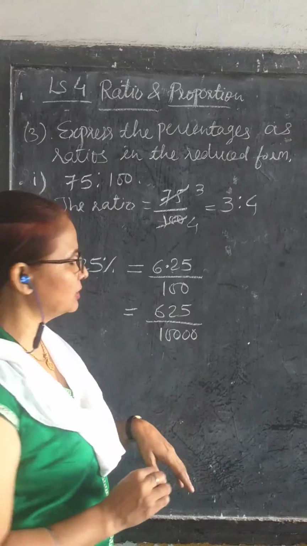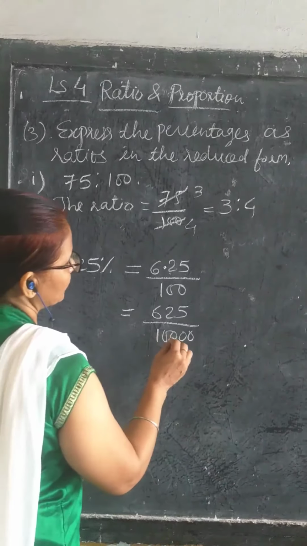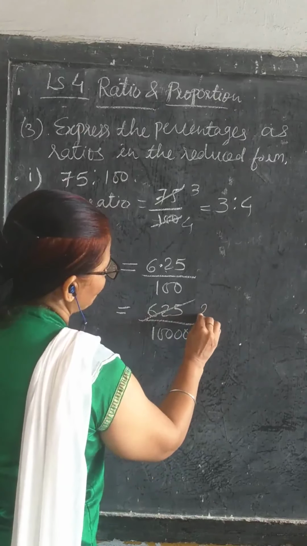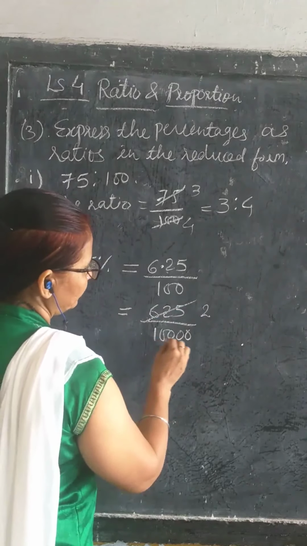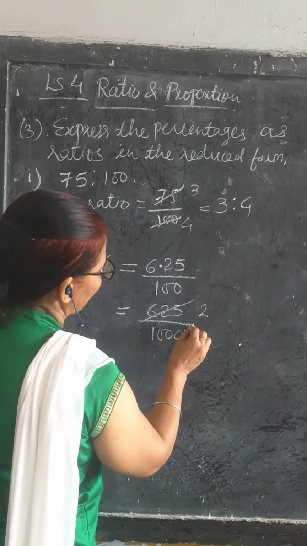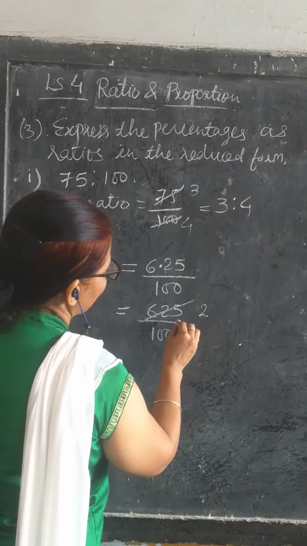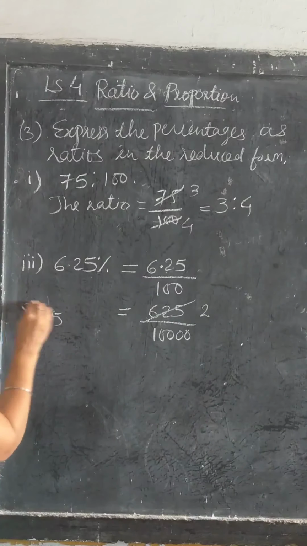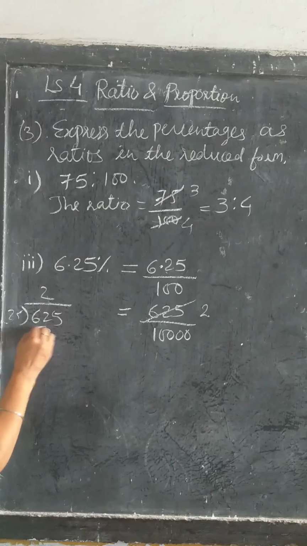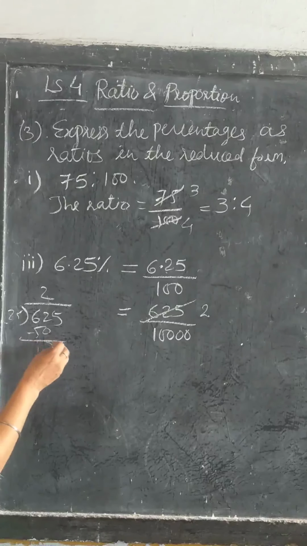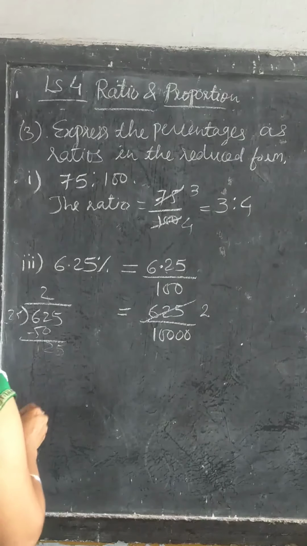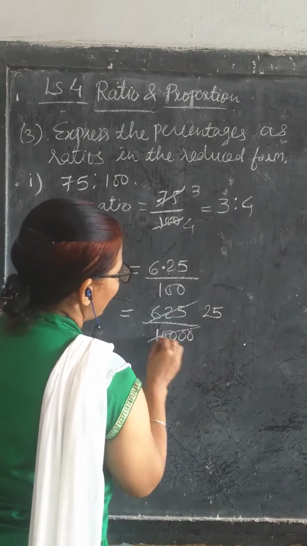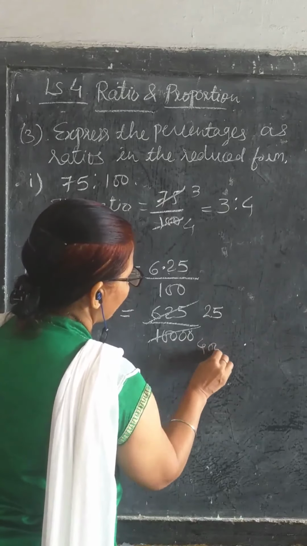Now let's divide it. You have to write its simplest form. 625 by 10000: 25 2s are 50, and let me do the rough work. You can do the rough work too. 25 2s are 50, so what is left here? 25 squared is 625, and 25 times 400 is 10000.